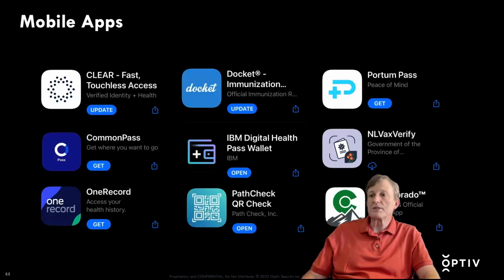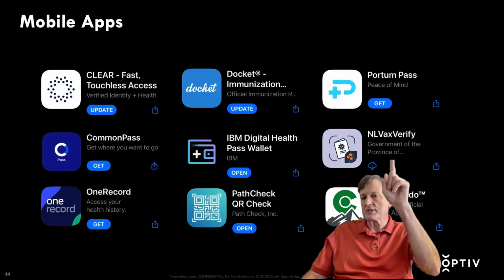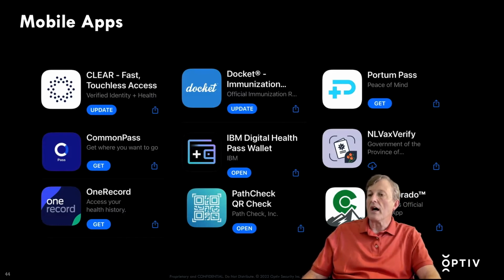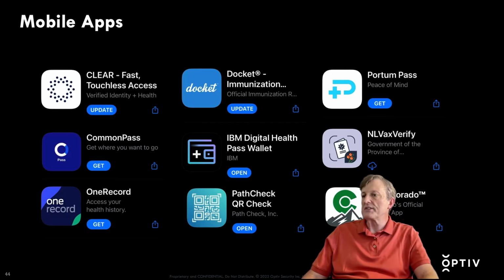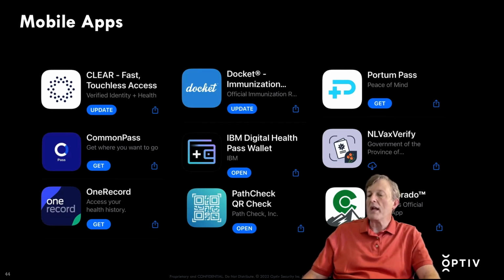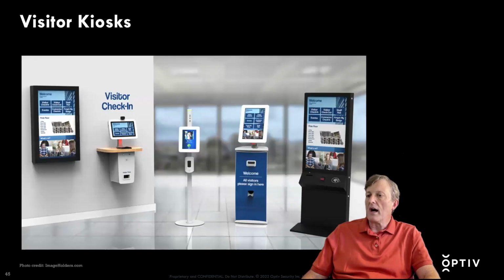Here's just a few of the smart health apps that are already out there on the store. A lot of these are issued by organizations. This is one of the Canadian ones. Docket is used by a number of states, but many of these will accept a smart health card. And then, of course, kiosks, right, where people are entering buildings and things like that.